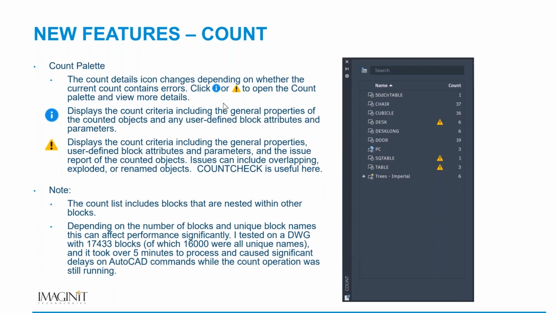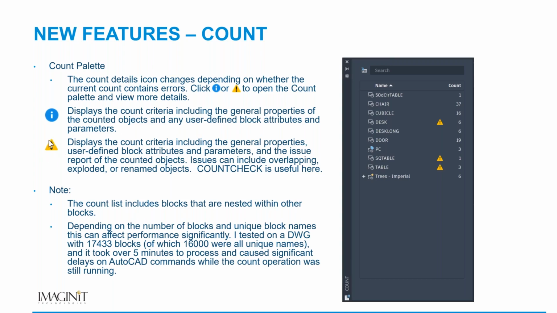So the count palette will come up and the count detail icon will change depending on whether the current count contains errors. You can click on either the question mark for information or you can click on the yellow alert triangle to open the count palette and view more details.